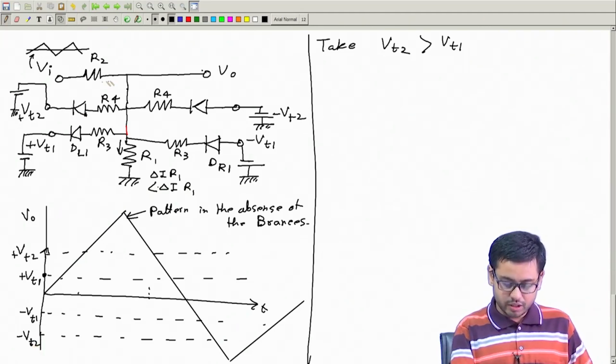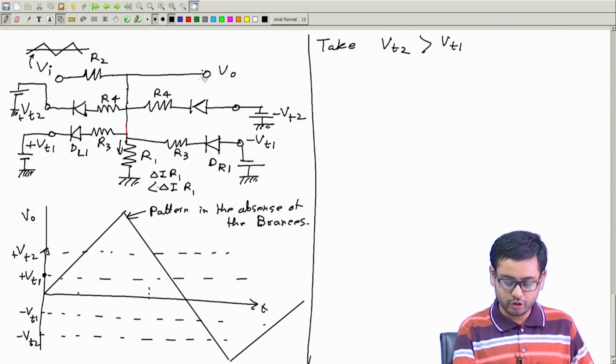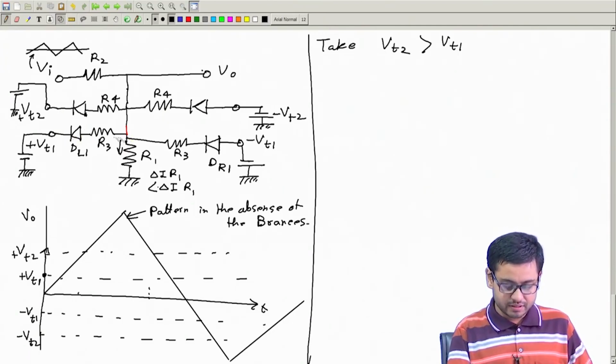Initially, say this voltage is increasing from 0, and this is also increasing from 0. So this point is at 0, all these are positive. So all these diodes are reverse biased, and these resistances are not effectively there because these branches are open.